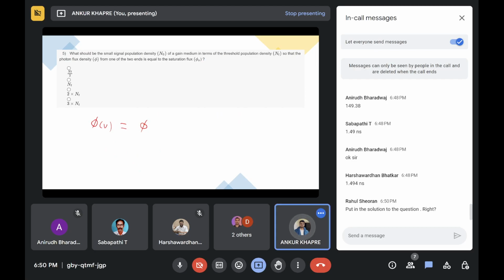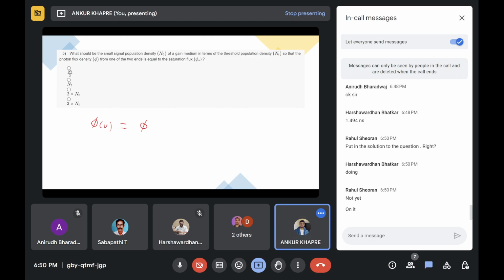Do you have to calculate, like solve this problem? Put in the solution to the question, right? I didn't get you, what is that? Put in the solution to the question.